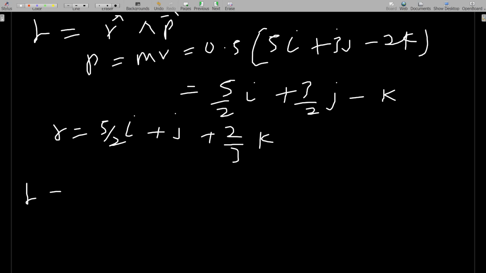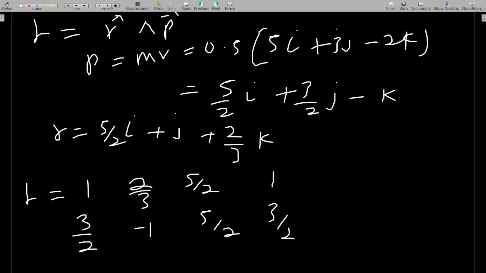So L, which is equal to r cross this, I said that you just write the first vector from the second component: 1, 2 over 3, 5 over 2, 1. Then go to the second vector from the second component as well: 3 over 2, negative 1, 5 over 2, 3 over 2. And you cross these. I said that you just pick this and this minus this times that. When you do that, the first component will give you negative 16 over 3 i.